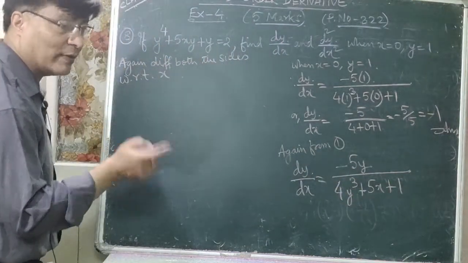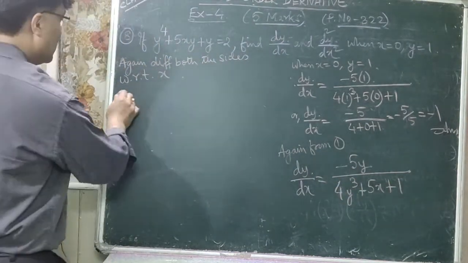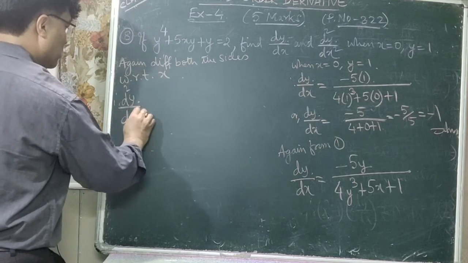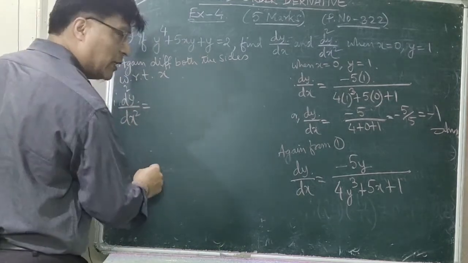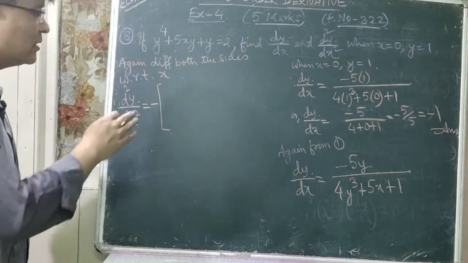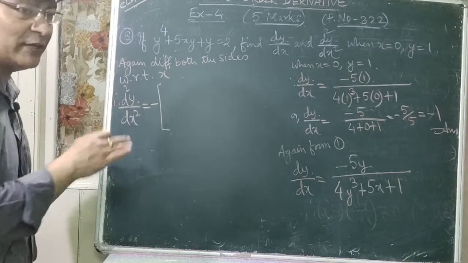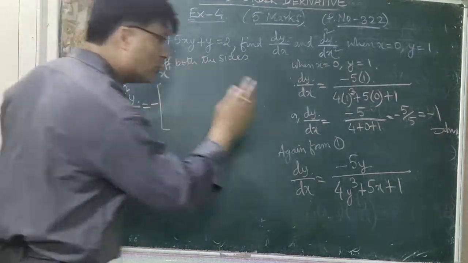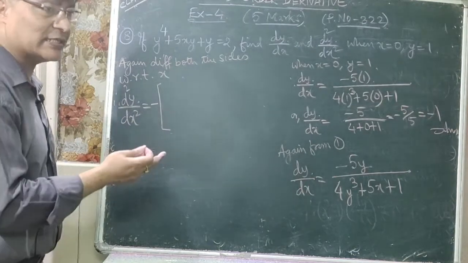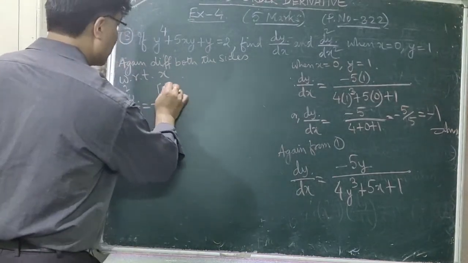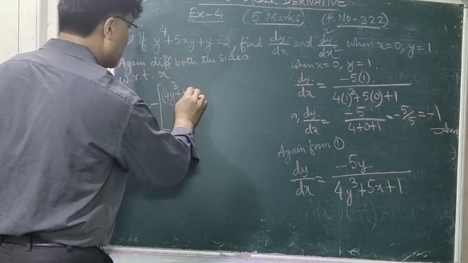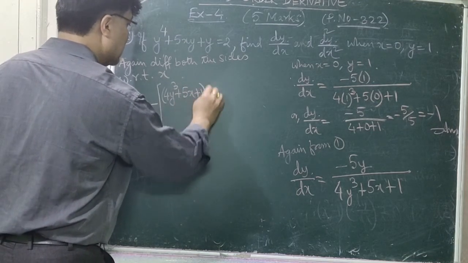You know the quotient rule or u by v rule for differentiation, right? So for dy by dx, d2y by dx square is equal to, now here minus is taken outside. Now within the third bracket you have to use the u by v rule. Keeping the denominator as it is, the denominator means 4y cube plus 5x plus 1 as it is.